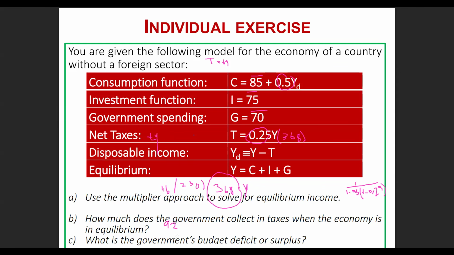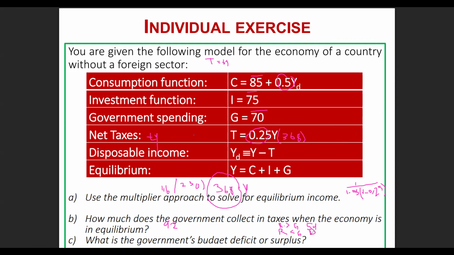Then they ask, what is the government budget deficit or surplus? To see if it's a deficit or surplus, you compare the revenue the government earns with the government expenditure. If revenue is greater than G, we have a surplus. If revenue is less than G, we have a deficit.